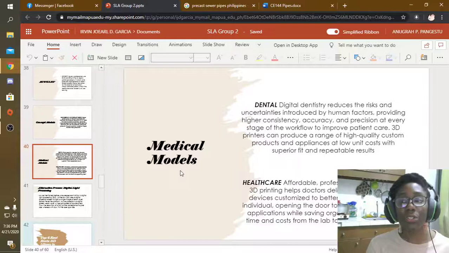Nike has started using 3D printing to do the soles of their shoes, and other companies as well have started using it for some types of material, maybe buttons or something like that. So it saves time, money, and is very efficient.